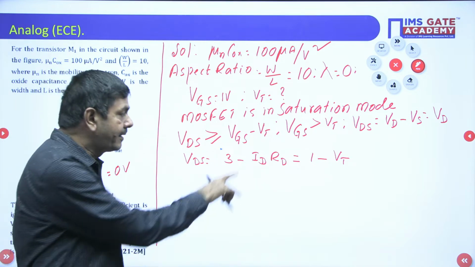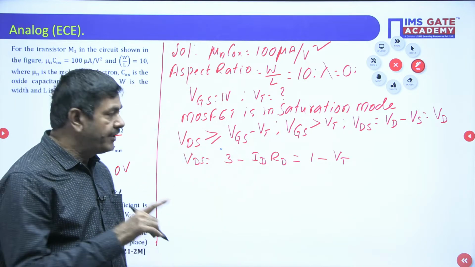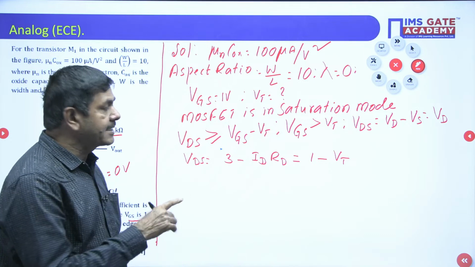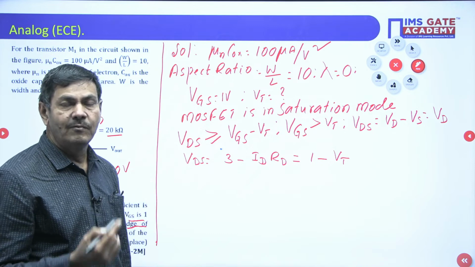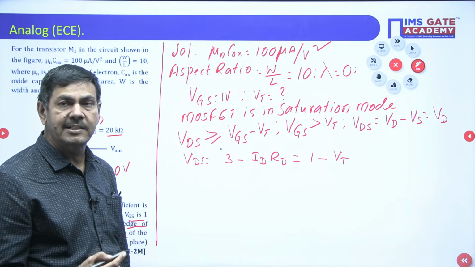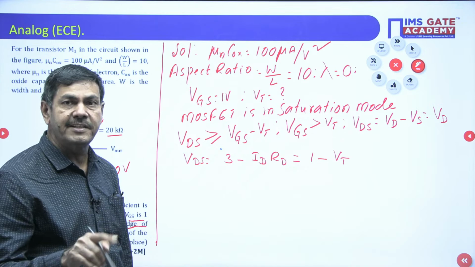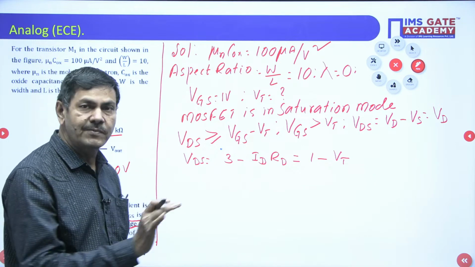But the drain current is not given. We know very well the drain current is calculated by the formula 1 by 2 into mu n COX into W by L into VGS minus VT whole square, when the MOSFET is in saturation.